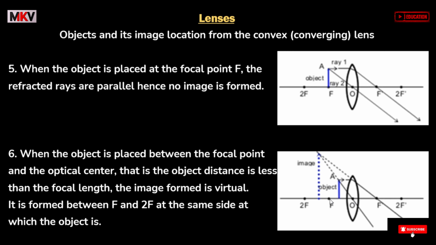So the image formed is virtual, on the same side as the object, and its size is bigger than the object. So these are how images are formed when an object is placed in front of a convex lens.